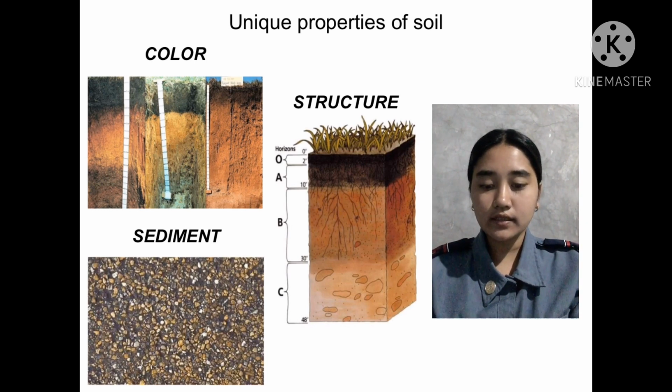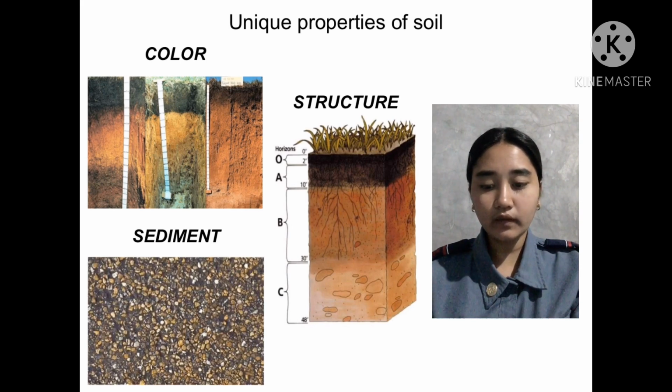Color indicates its history as well as the compound present in the soil. So, dito naman sa color, ma-identify mo kung anong compound ba present ang isang soil. Kapag sa white or green soil naman, ibig sabihin, ito yung nagko-contain ng lime or has been leached.